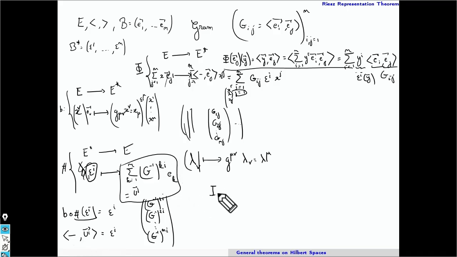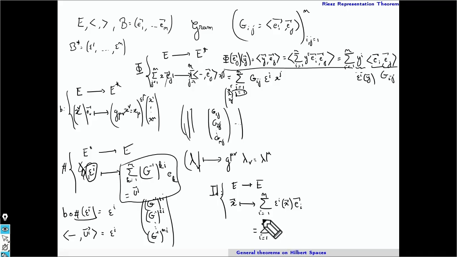And in that way, the identity map from E to E, or we could also write the same for projections. So it just takes x to an element, it gives its decomposition in a basis. So the sum of epsilon I of x times ei, you can write it, thanks to this map, with the inner product.